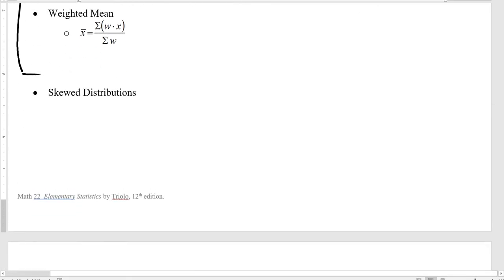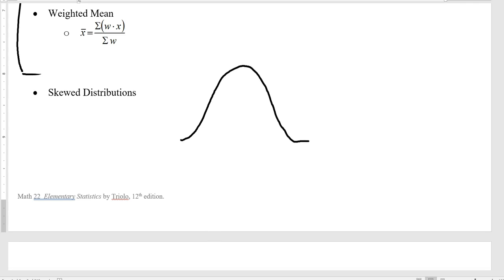Skewed distributions. The key on this one, okay, we should know what skewed distributions are. But here's the idea. If I have a normal distribution, we should know that right in the middle, we have two things. The mean and the median. They line up perfectly if it is normal.